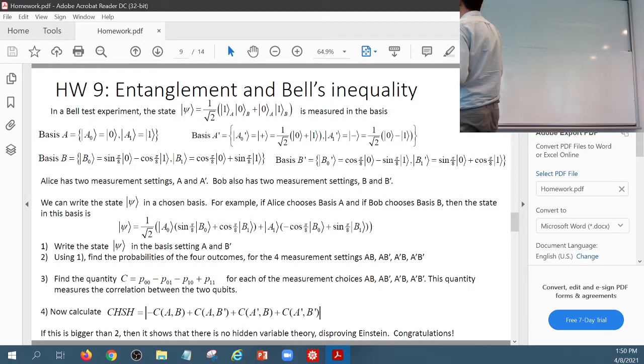And then B0, B1. We need to rewrite this in terms of B0 is cosine, sine pi over 8, 0. May well be an error. Wouldn't be entirely surprised.